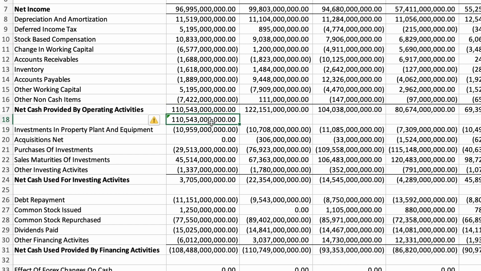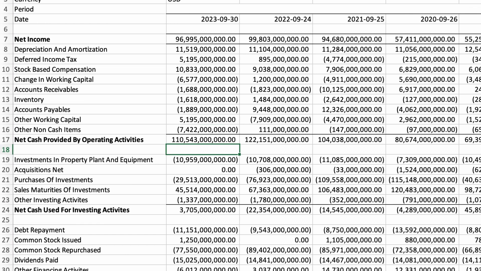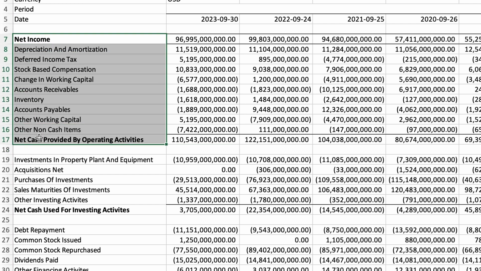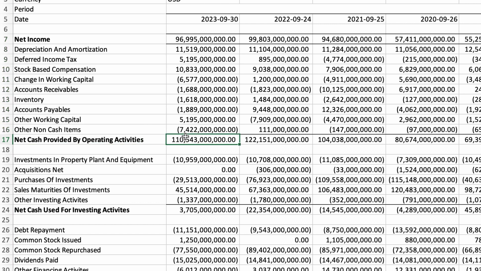The same calculation applies to all these different sections, but each section represents a different kind of cash that is generated by the company. So this section right here represents the cash that the company was able to generate just from its regular operating activities. That means the regular sale of its goods and services that the company provides.